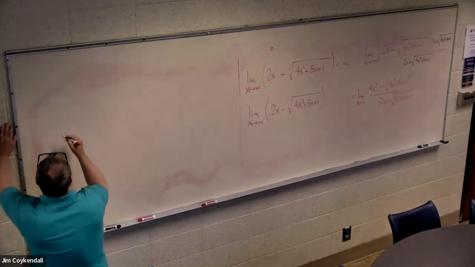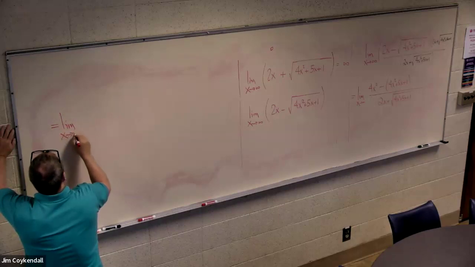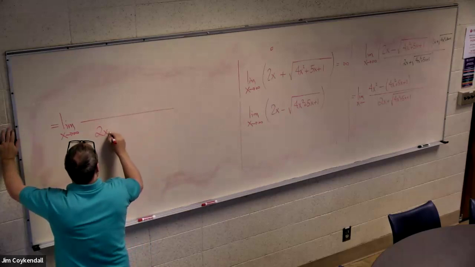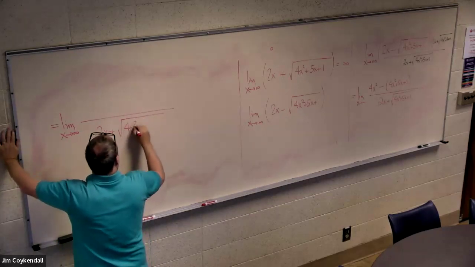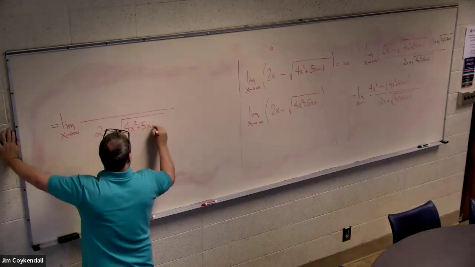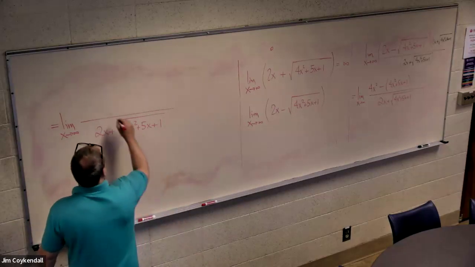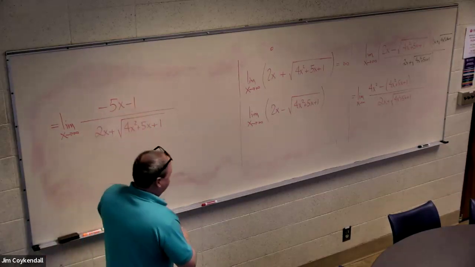So this is the limit as x goes to infinity of, in the top, if I clean it up a little bit, I have minus 5x minus 1.